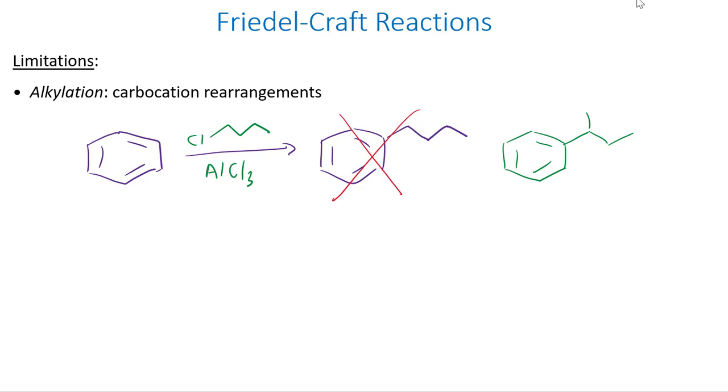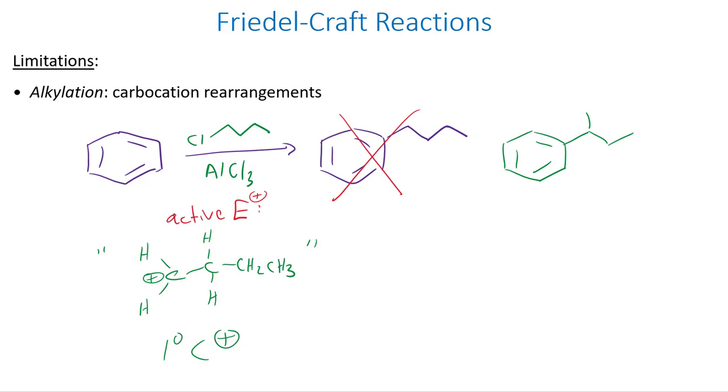Remember that our active electrophile in the alkylation reactions is our carbocation, and the carbocation that we would form from this particular species, and I'll put it in quotes because we may or may not even actually see it, that's a primary carbocation.